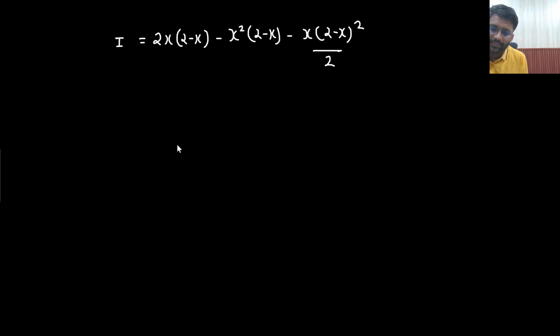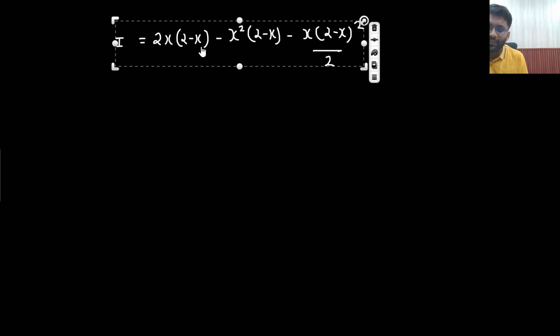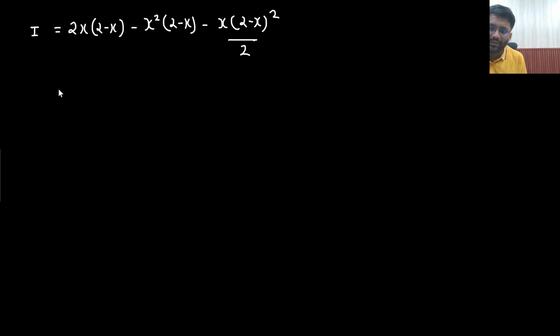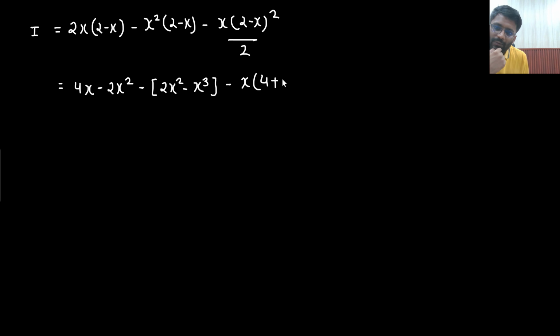So let's make it a bit better. 2 into 2, 4x minus 2x square, minus 2x square minus x cube, minus x upon 4 plus x square minus 4x divided by 2.